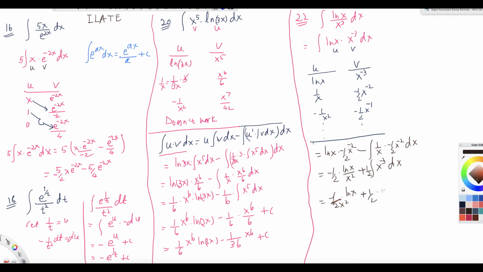What do you get? x to the negative 3 plus 1 is negative 2, over negative 3 plus 1, which is negative 2, because the formula is the integral of x to the n dx equals x to the n plus 1 over n plus 1, plus c. That's why you get negative 1 over 2x squared times natural log of x, minus 1/4 x to the negative 2. You can move this to the denominator and make it x squared, plus c. That's what you can write.